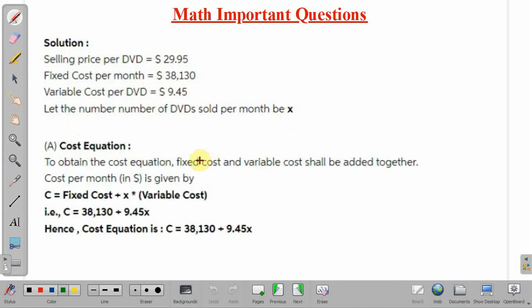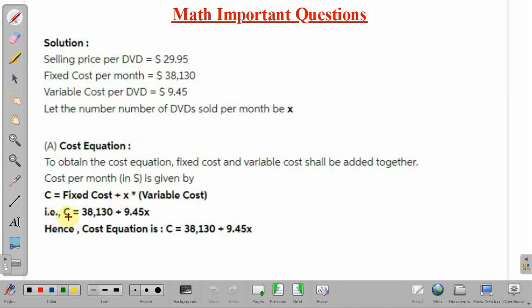In order to get the cost equation, cost depends on fixed cost as well as variable cost, so we have to add both. Let C be the cost per month in dollars. So C equals fixed cost plus variable cost, and variable cost is variable cost per unit times number of units sold.